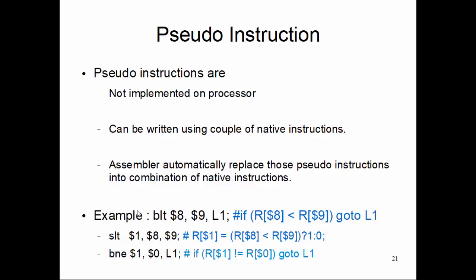So the point is that BLT, for example, looks exactly like a native instruction, but it is not supported by the processor, and the assembler will replace this instruction with two instructions in this example. It can use more instructions for more complex pseudo instructions, but for this example it will replace it with two different native instructions that are supported by the processor, but implement the same concept given through the BLT.